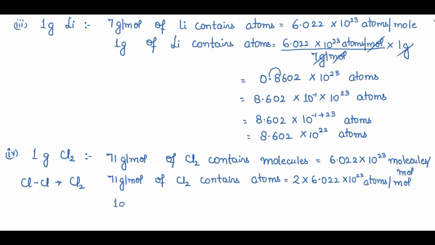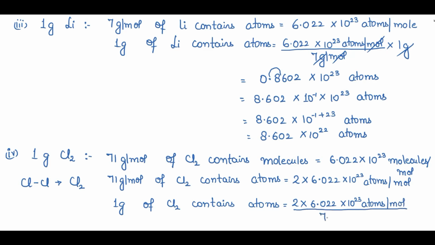We have to find the value for 1 gram of chlorine, right? So you can write 1 gram of chlorine contains atoms equal to, we are applying the unitary method over here, so 2 into 6.022 into 10 raised to power 23 atoms per mole divided by 71 gram per mole into 1 gram.